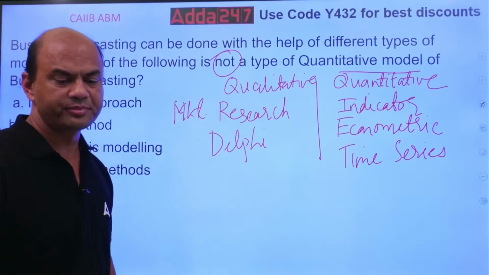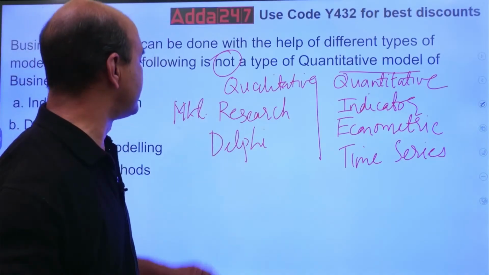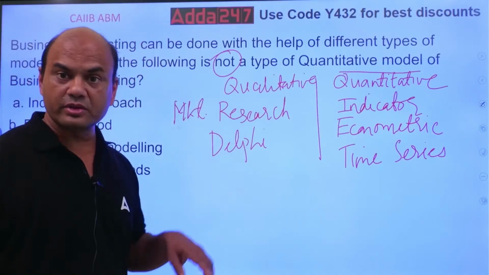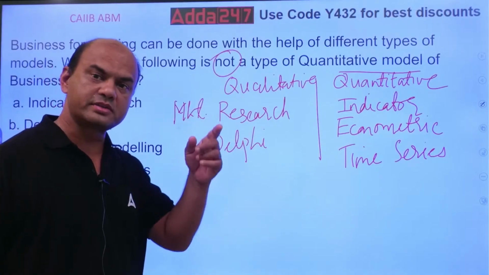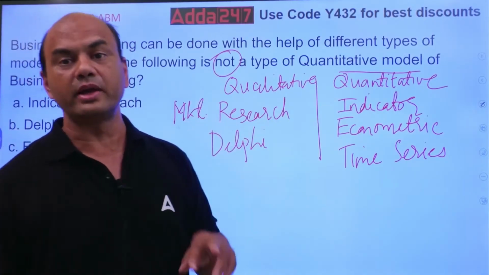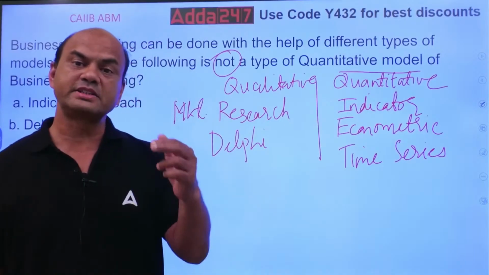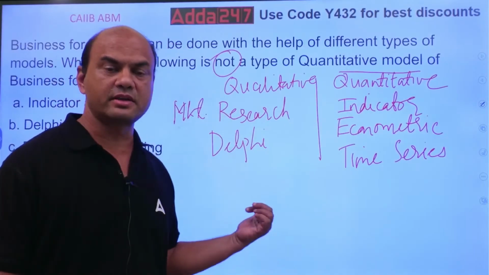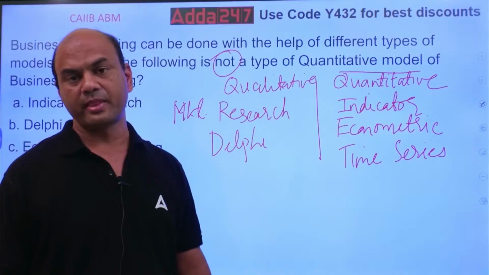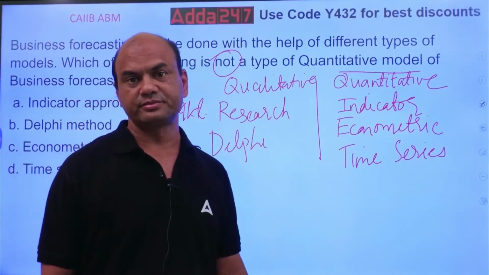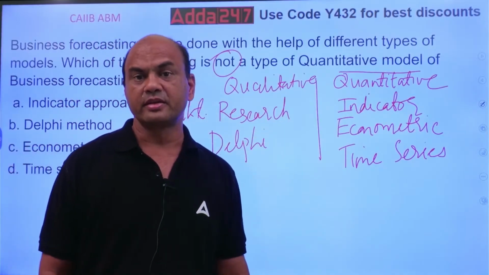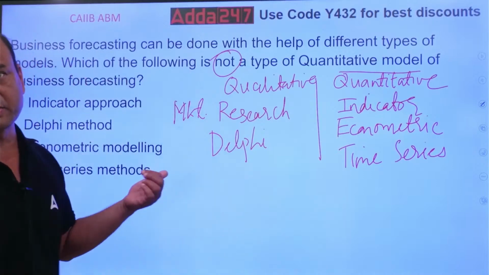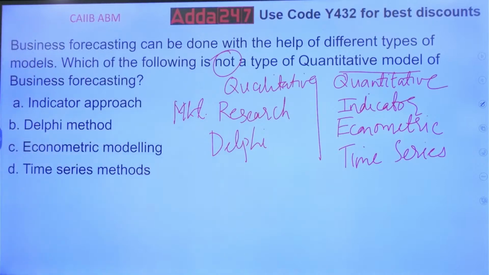Filtering means we'll come up with certain ideas, then we'll filter those ideas towards a certain goal. Again, we'll come up with new ideas and then again filter. Filtration process goes on till the last answer is received. That is Delphi technique. Okay? Then market research you know already. What is market research technique? Means directly researching, going to each one and asking, what do you think about this?